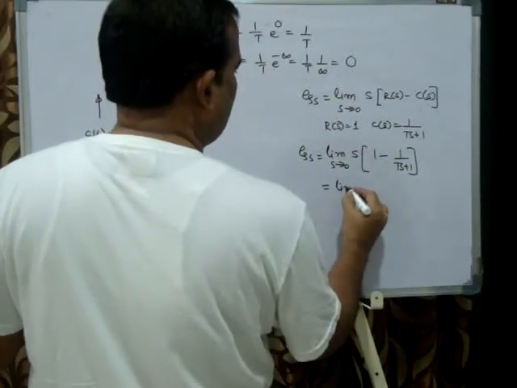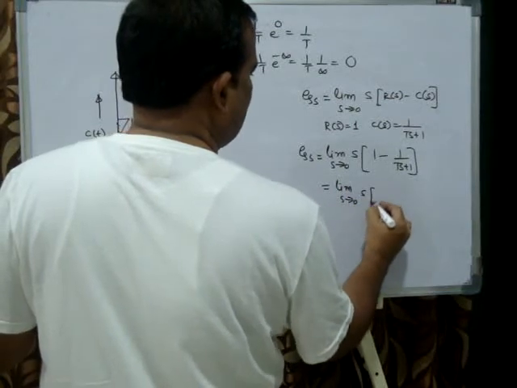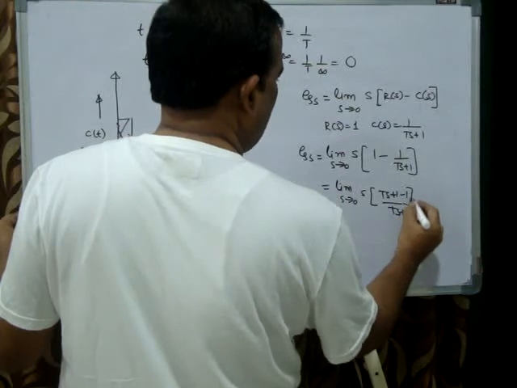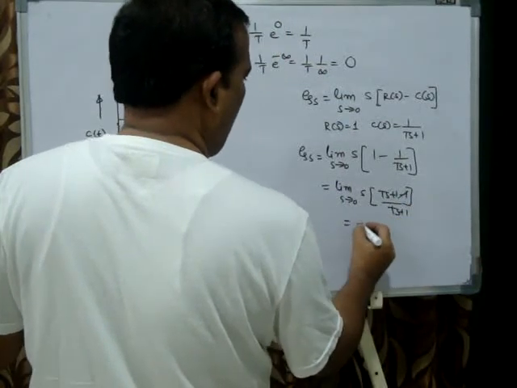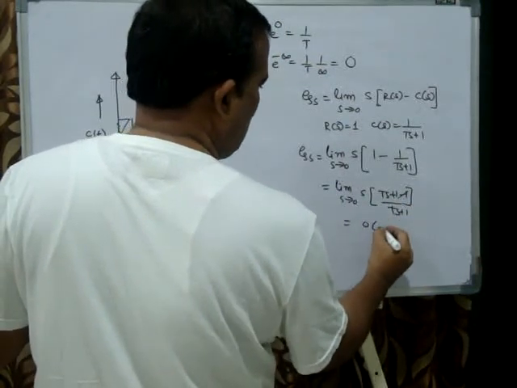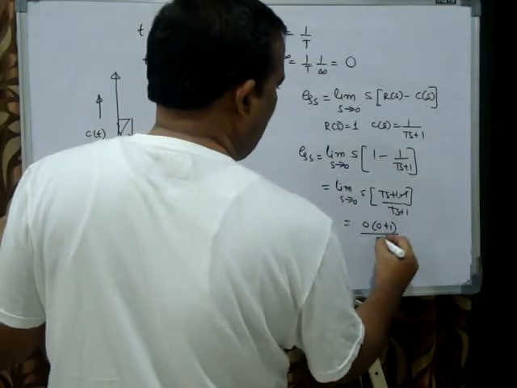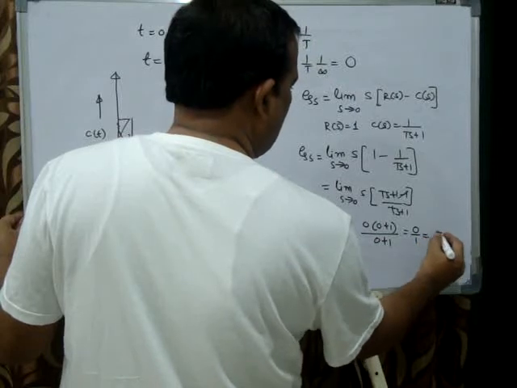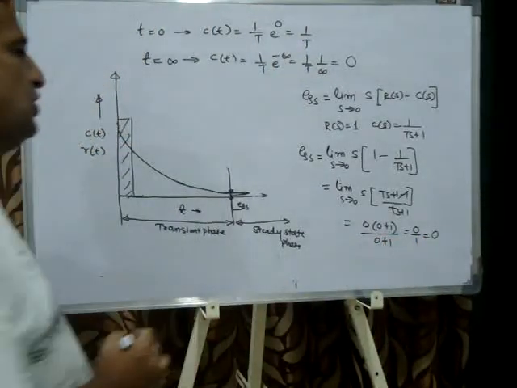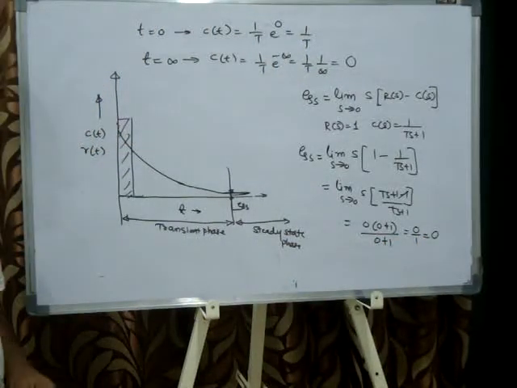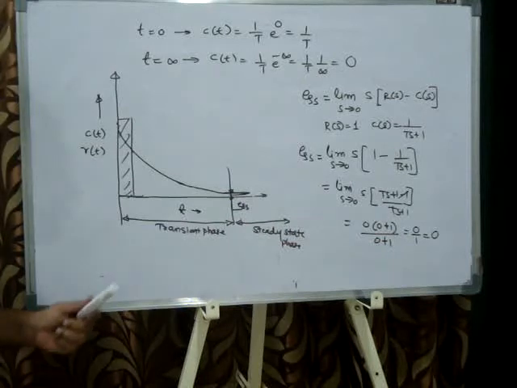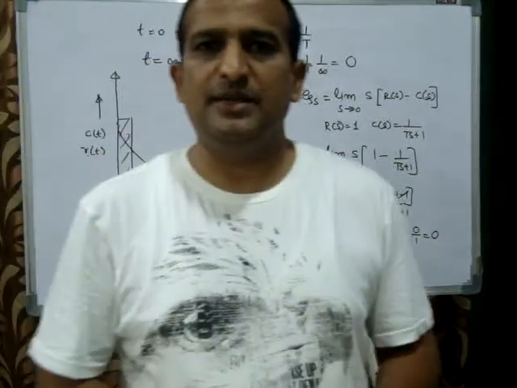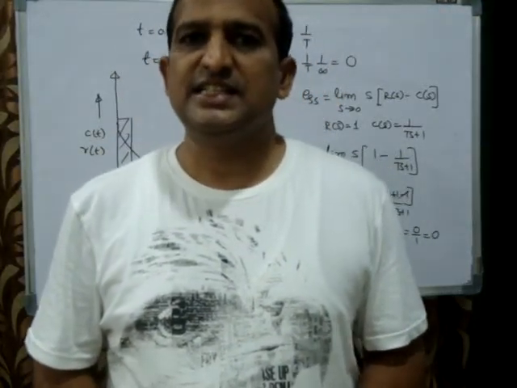Now if you substitute s equal to 0, that is 0 by 1, equal to 0. Here steady state error is 0. For a first order system under unit impulse input, the steady state error is 0.